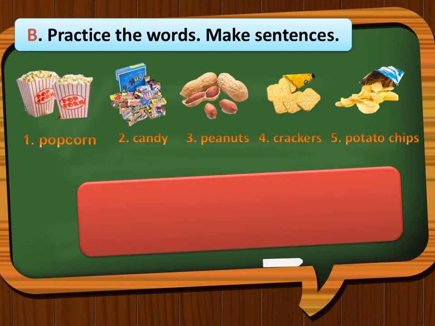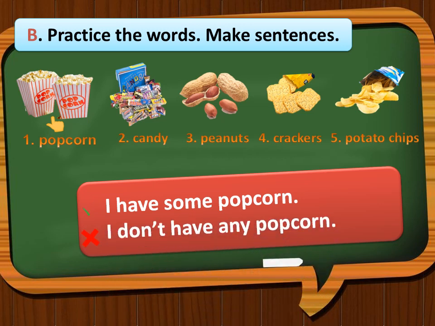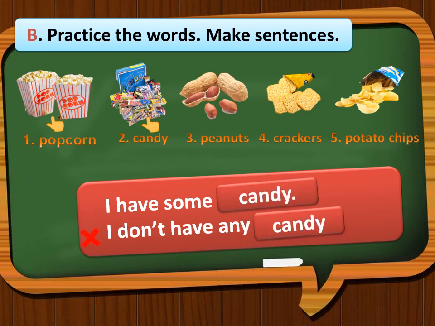Last week we talked about these snacks: popcorn, candy, peanuts, crackers, and potato chips. We also learned how to say it. If you have popcorn, say, I have some popcorn. If you don't, say, I don't have any popcorn. If you have candy, you will say, I have some candy. If you don't have, I don't have any candy.